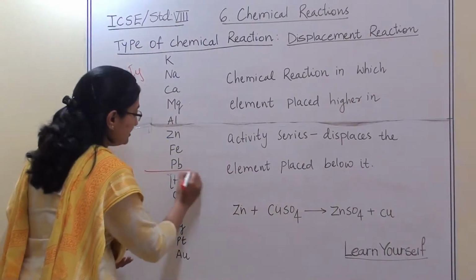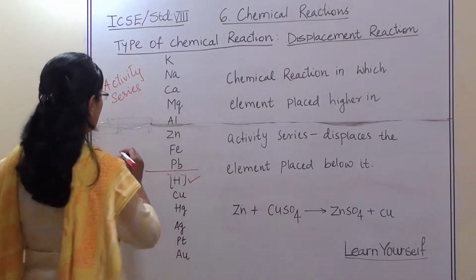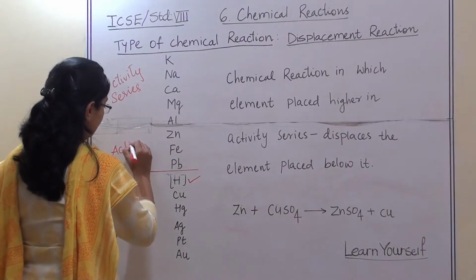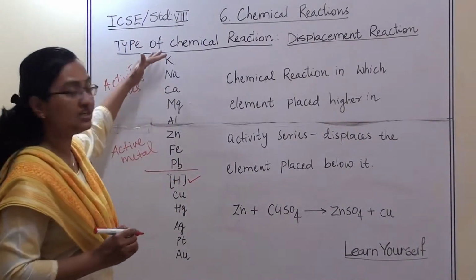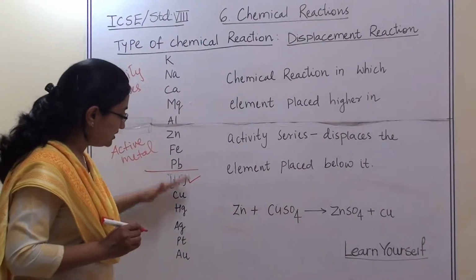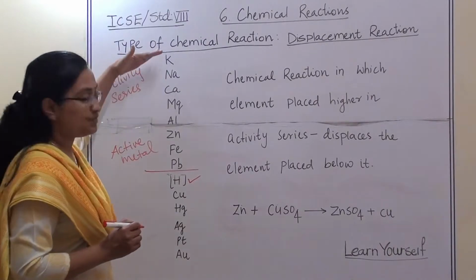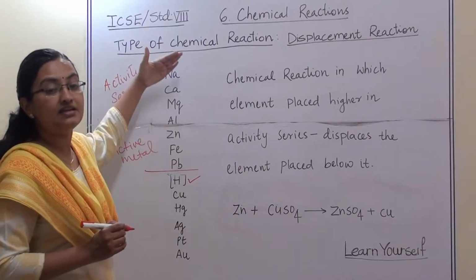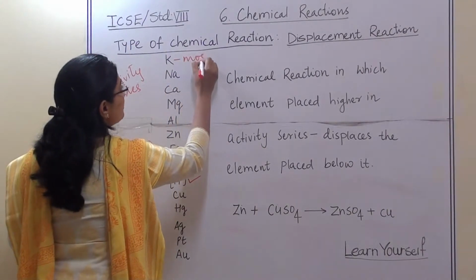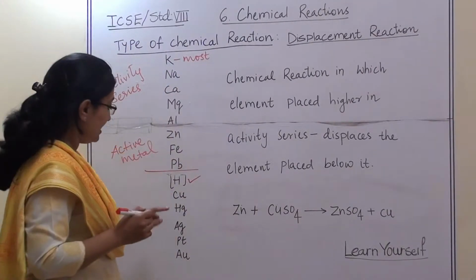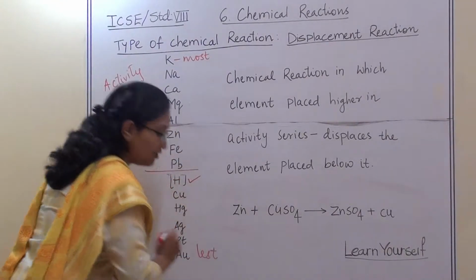Now all the metals placed above hydrogen are known as active metals. Their reactivity is more compared to the metals below. Whatever metal is placed above is very reactive. So the first metal is the most reactive metal and the last metal is the least reactive metal.